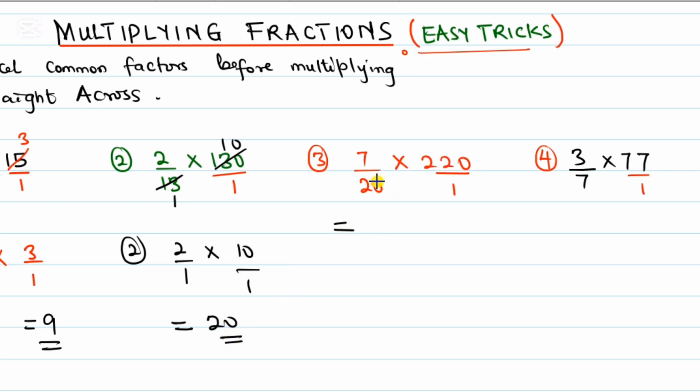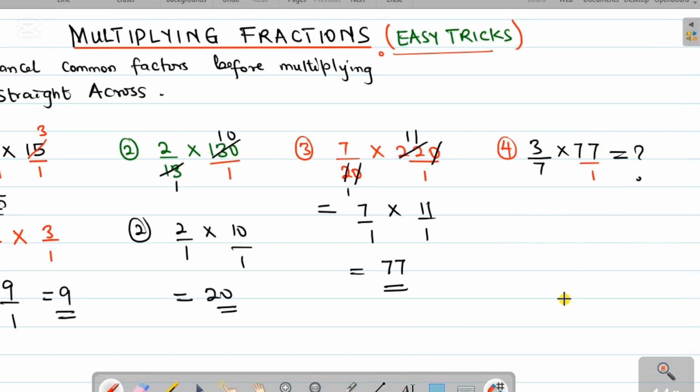You can actually go digit by digit. So 0 can cancel 0, and then 2 into 2 gives you 1, and 2 into 22 will give you 11. And so you have 77 over 1, and that is equal to 77. Let me see what you will get in the comment section.